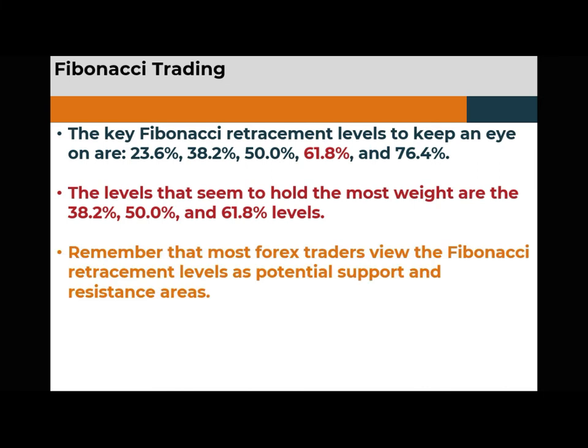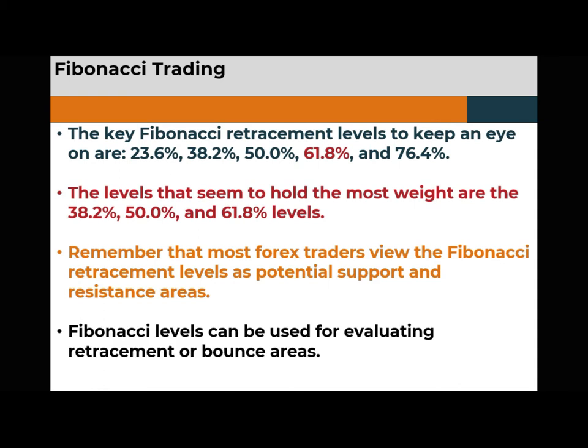Remember that most forex traders view the Fibonacci retracement levels as potential support and resistance areas. Fibonacci levels can be used for evaluating retracements or bounce areas. You can see what I typically will refer to when I finish off this presentation.